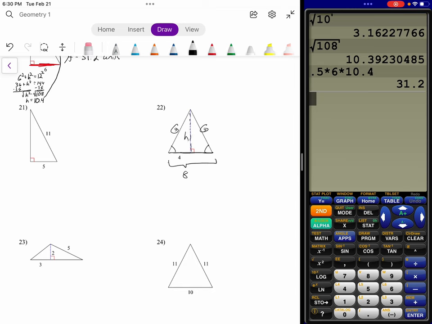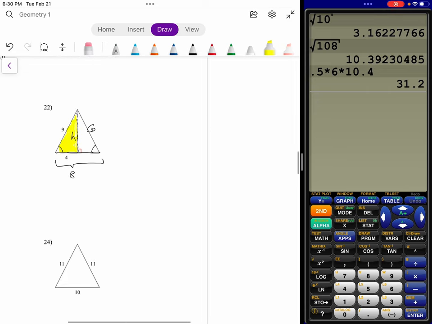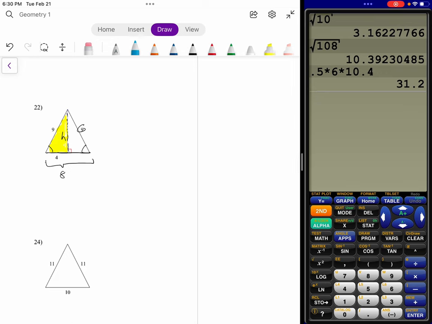Well, if we take a look at just one side here, we have a right triangle. And so we can use Pythagorean theorem. So we can say 4 squared, that's one of the legs, plus h squared equals the hypotenuse, which is 9 squared, and we just work our way through solving this for h.